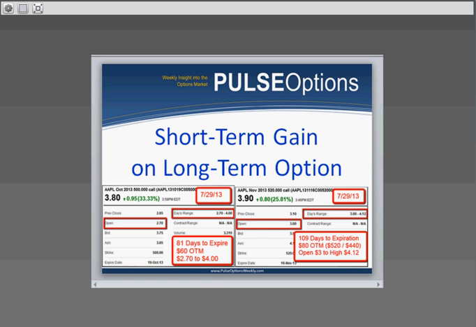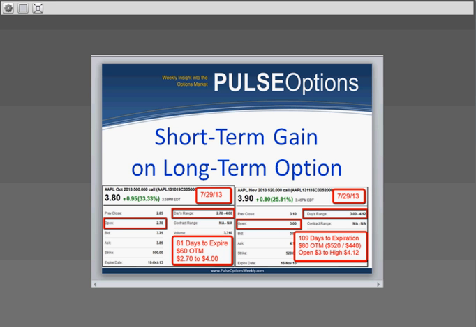It didn't really matter to me if you were looking at a 1 month option, a 2 month option, a 3 month option. I didn't care if you bought a LEAP. Just buy the option whose premium is underneath $3. And I shared a bunch of the math on why $3 is our magic number. Here's an option that was 81 days before it expired. It was $60 out of the money, and it moved from $2.70 to $4 in a day.